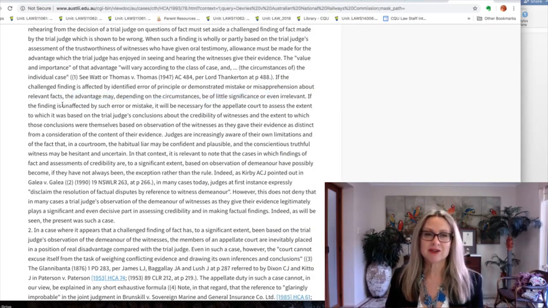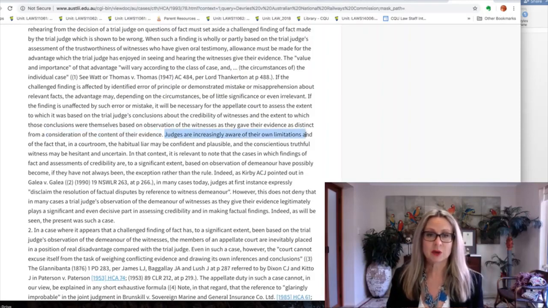However, if it's unaffected by those kinds of serious error, then it's going to be necessary for the appellate court to assess the extent to which it was based on the trial judge's conclusions about credibility of witnesses and the extent to which those conclusions were themselves based on observations of witnesses as they gave their evidence, as distinct from a consideration just of the evidence itself by the judge.